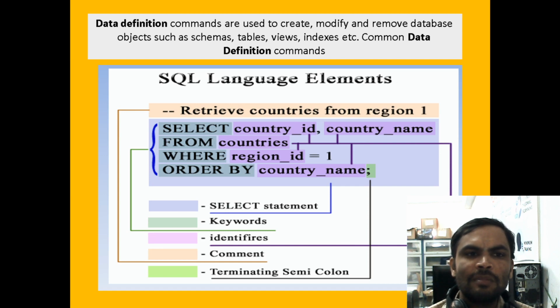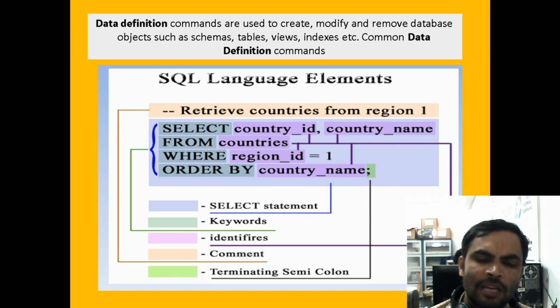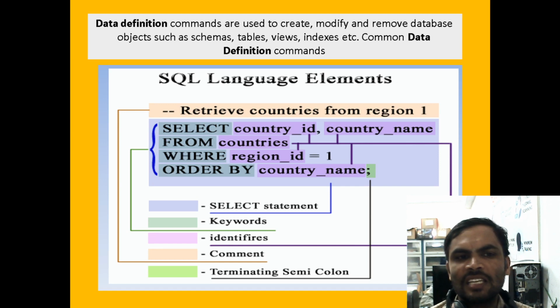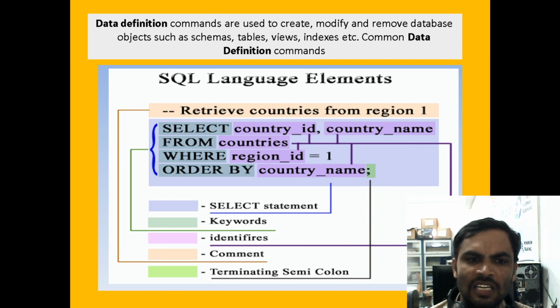The main purpose of data definition is to create or modify the content, or remove the content from the object, database schema, table, or view.